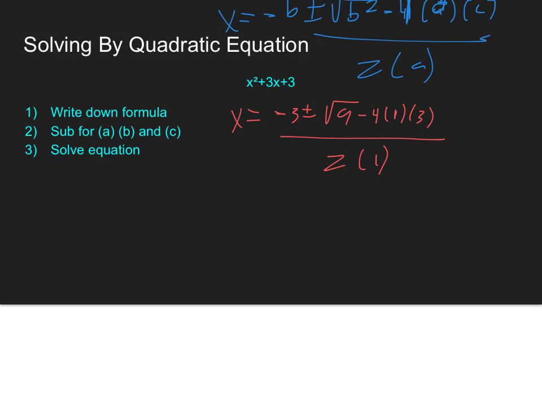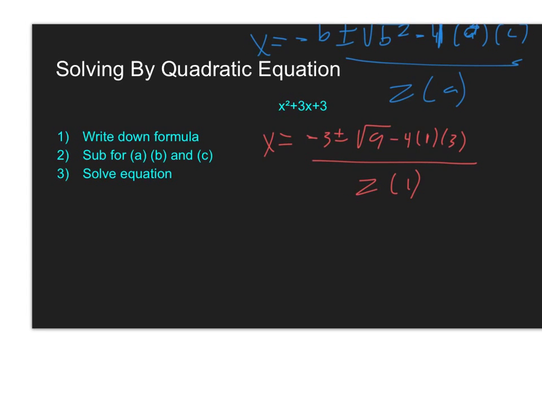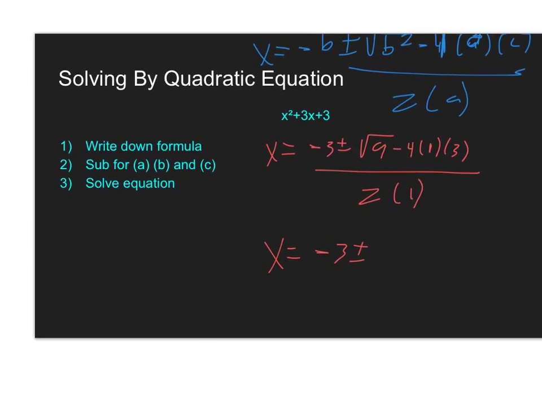Okay, so x equals negative 3 plus or minus the square root of 9 minus 4 times 3, which is 12.